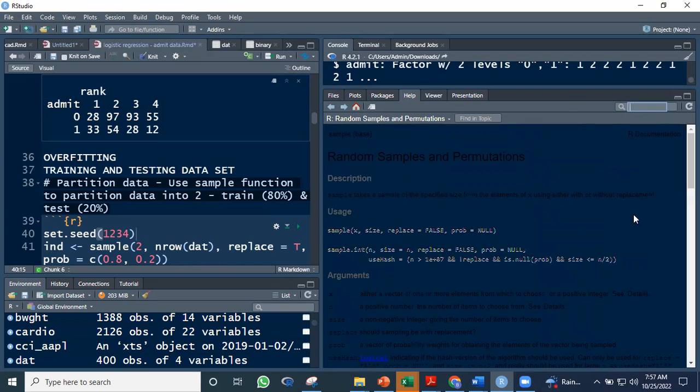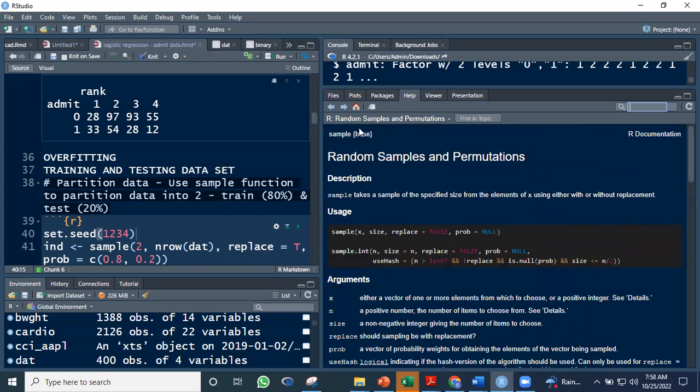Sample. Let's take a look at what this does. So this is from base R. Sample takes a sample of the specified size from the elements of X using either with or without replacement.